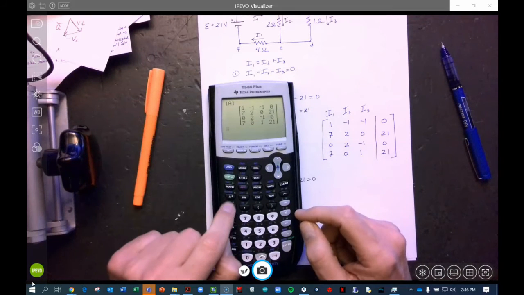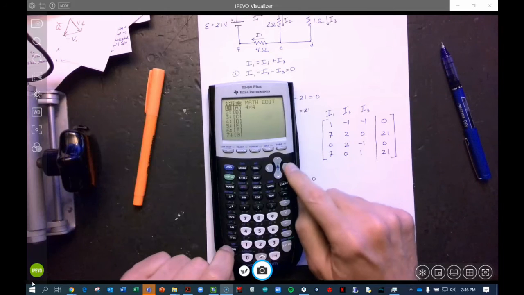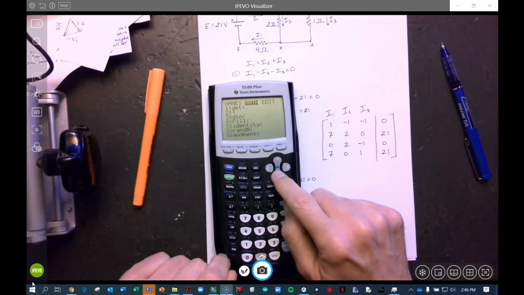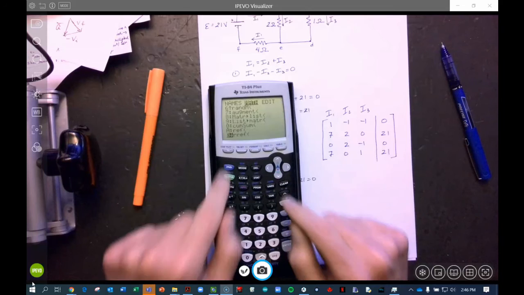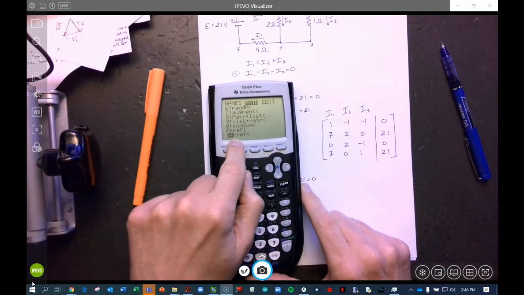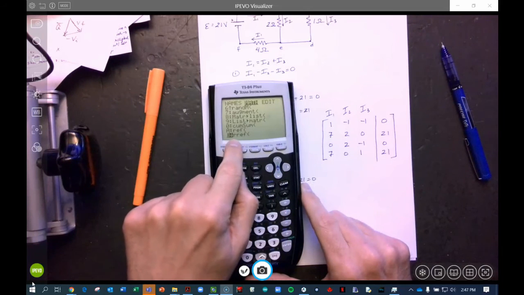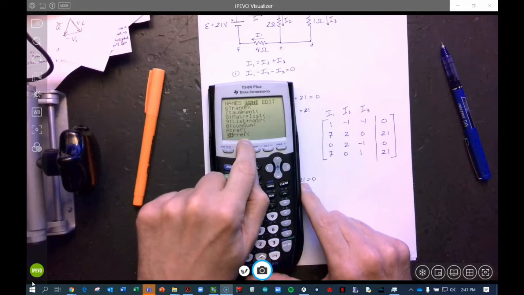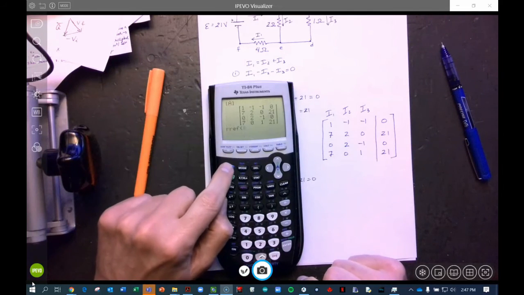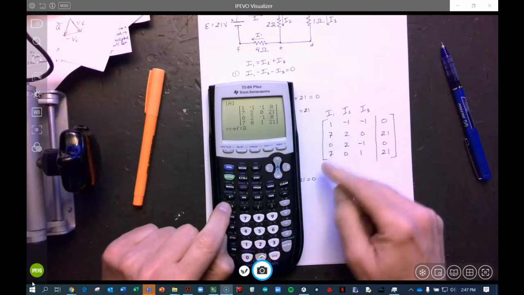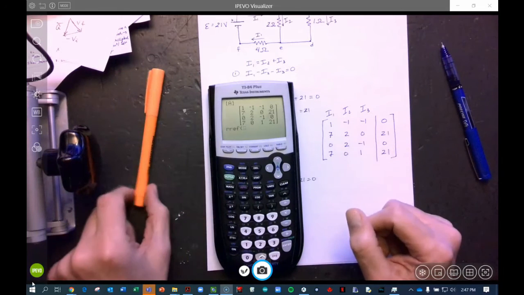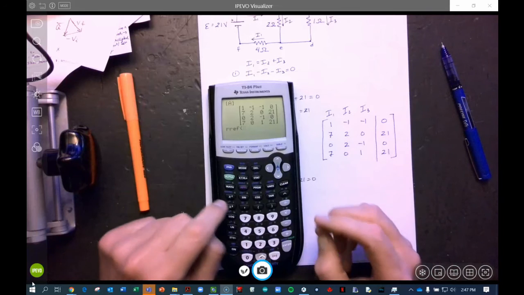Next we go to second matrix, and now we're going to go over to math. We scroll down to this one here, which is B in my calculator, RREF, which stands for Reduced Row Echelon Form. We hit that, and then tell it which matrix we want to do this on.